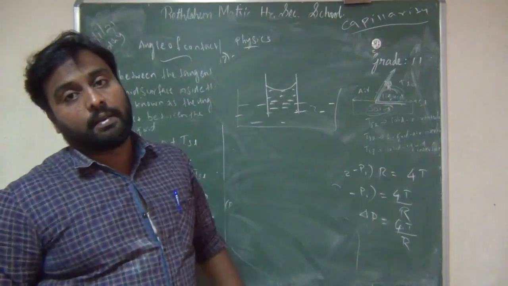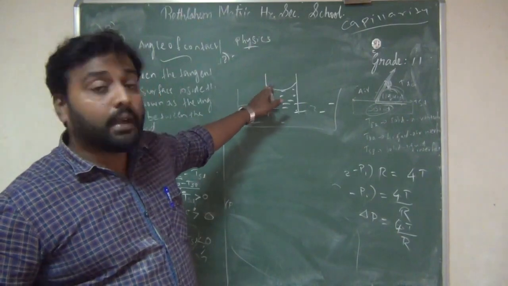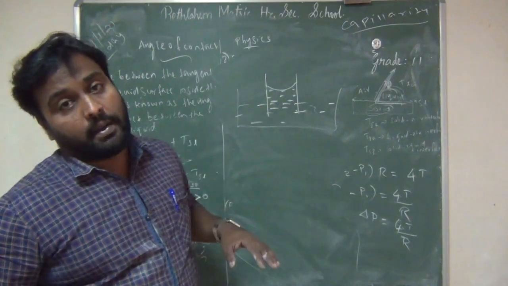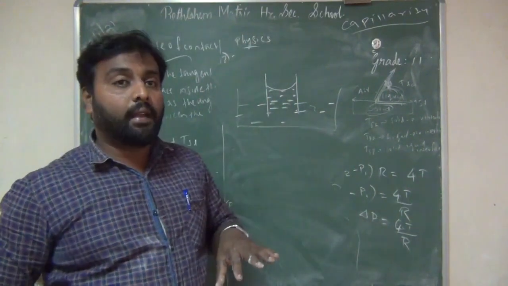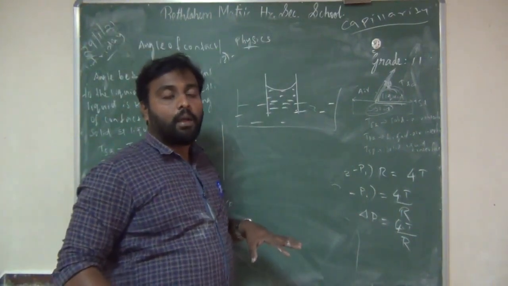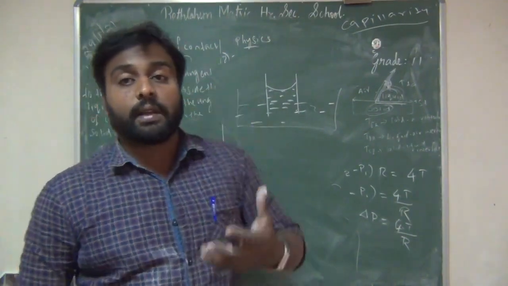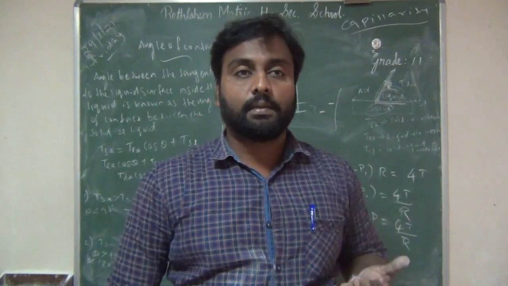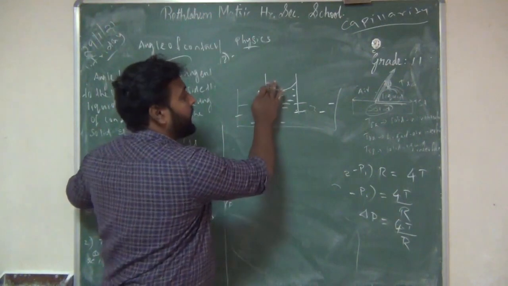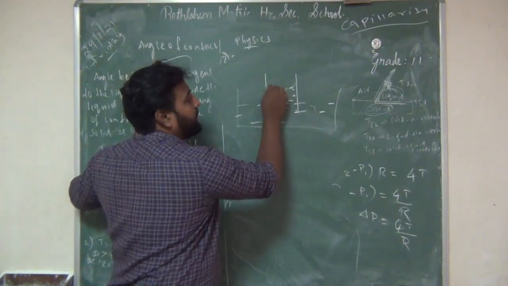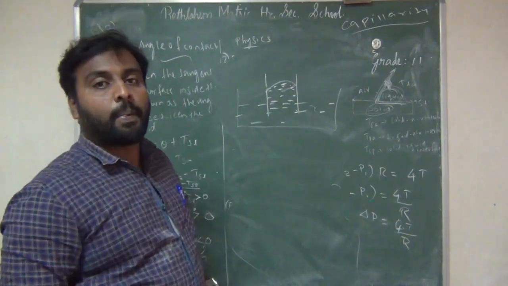The angle of contact here is less than 90 degrees, and in some liquids the angle of contact is greater than 90 degrees. And in some liquids, suppose you are dealing with mercury, you can see that part is depressed.